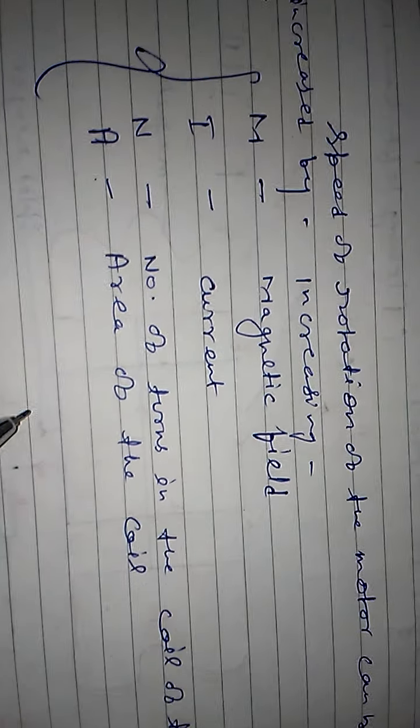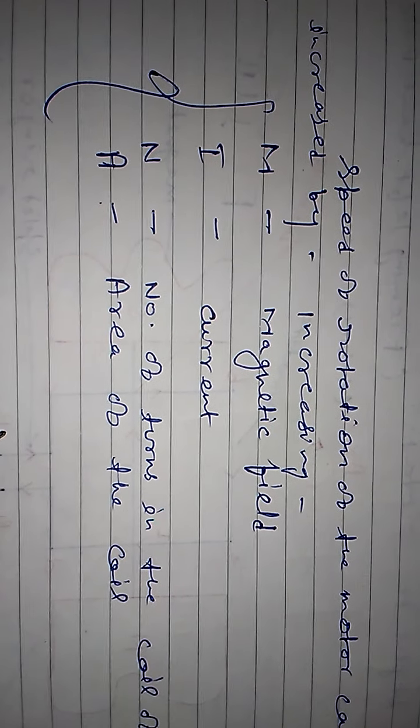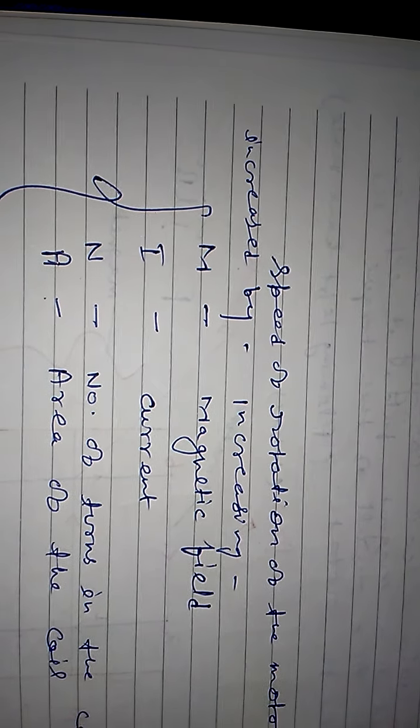And next one is the area of the coil. If the area of the coil is more, means size of the coil is more, then the magnetic field produced by the coil also will be more, and then the speed of the rotation of the motor will also be more. So these 4 points are there: Meena, M for magnetic field, I for current, N for number of turns in the coil of the armature, A for area of the coil.